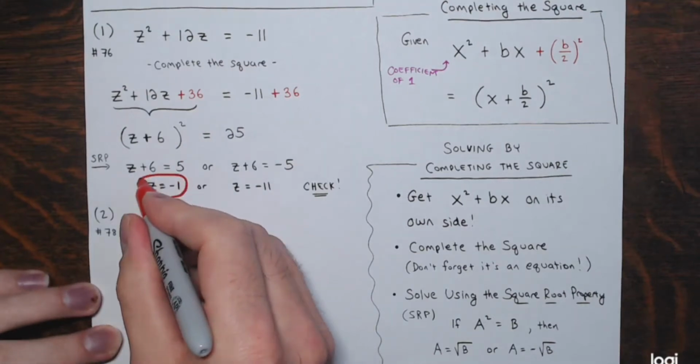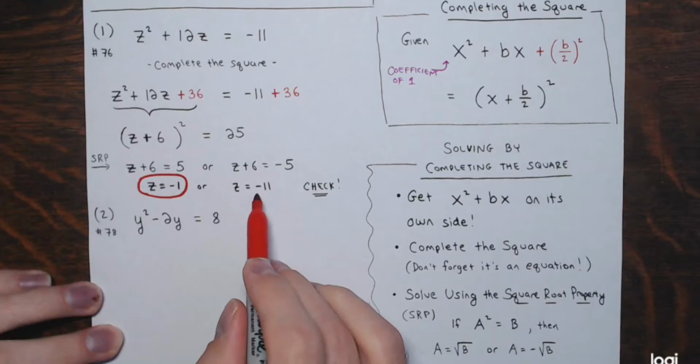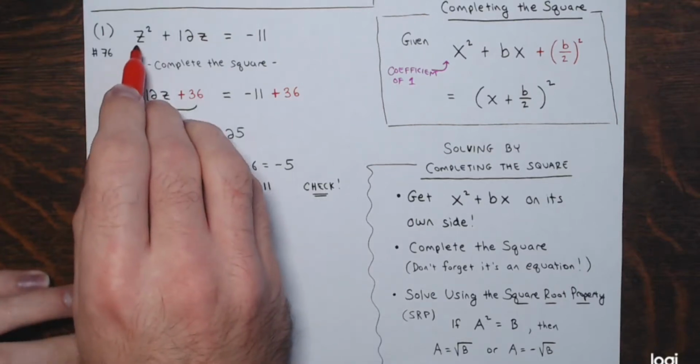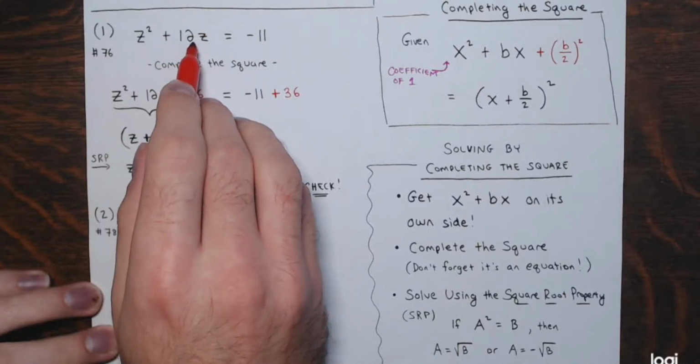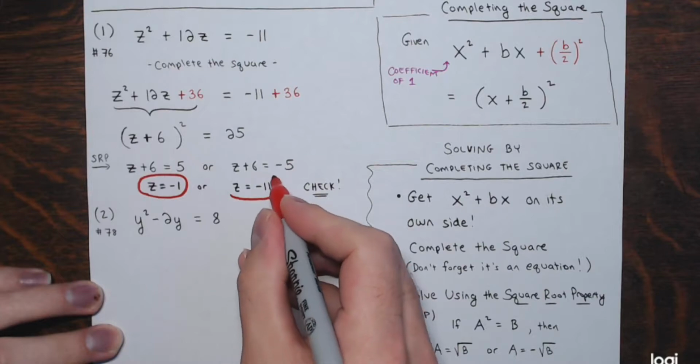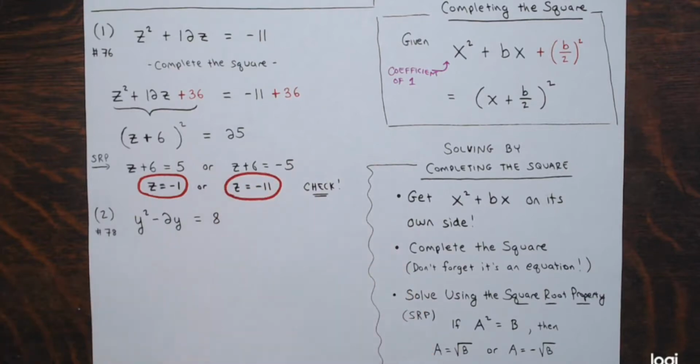I'm going to circle it. And then negative 11, you'd have positive 121 plus negative 132, which would be negative 11. So this works also. Great, so my solutions to this equation are negative 1 and negative 11.